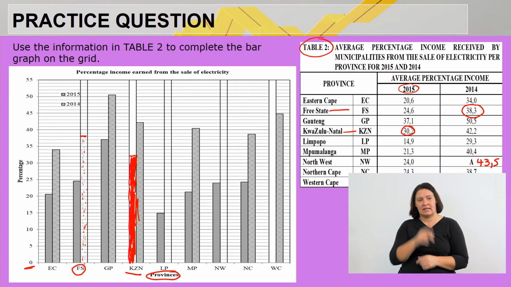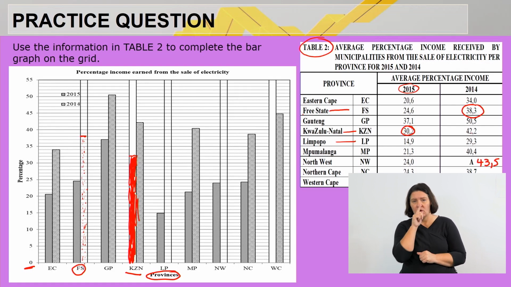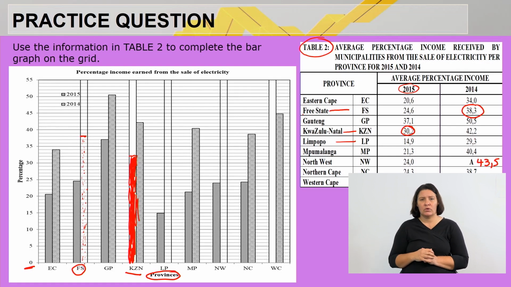Now moving forward, we'll see our next province here is Limpopo province. For Limpopo province, we need to complete for the year 2014. So here we have Limpopo, and we are looking at the year 2014. That will give us an average percentage income of 29,3. So let's quickly go there. Here is our graph, 29.